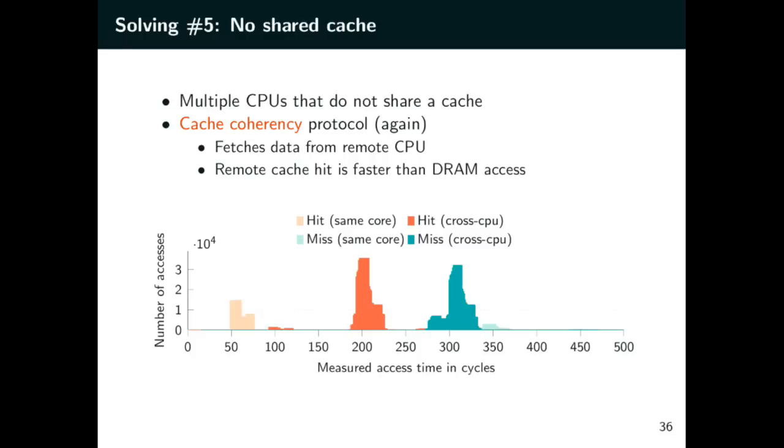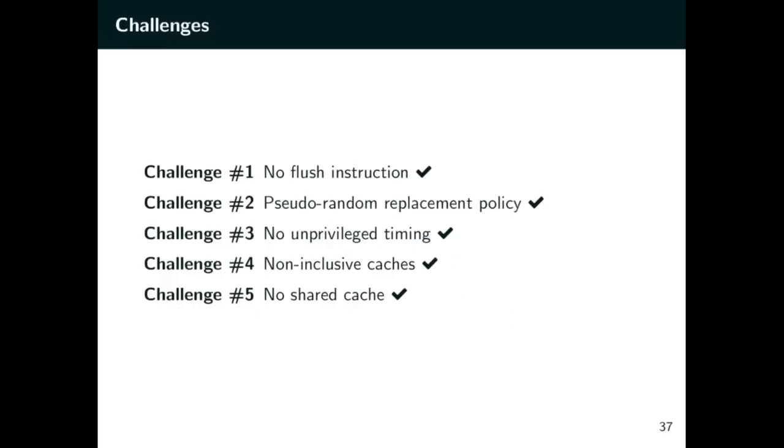And while we see here that it's much slower than a local access, it's still roughly 100 cycles faster than if we have to make an access to the DRAM. And regarding that, for performance things, we can exploit the cache coherency protocols which are running all the time. And now we have found a solution for all those challenges.